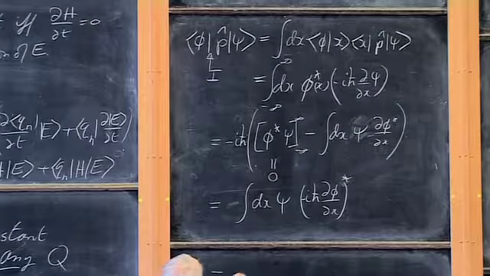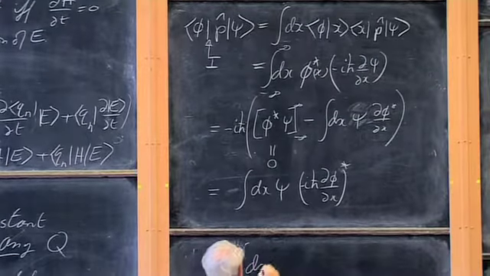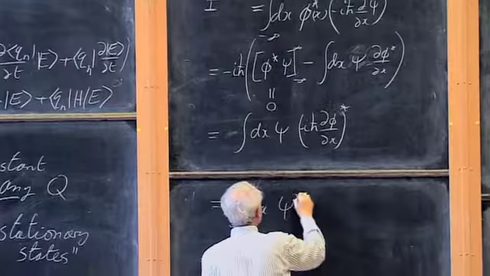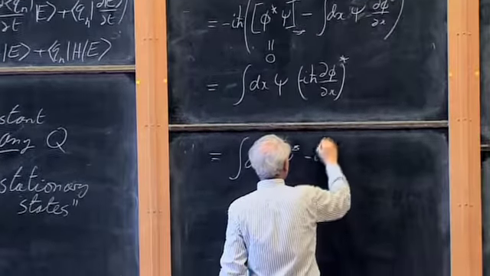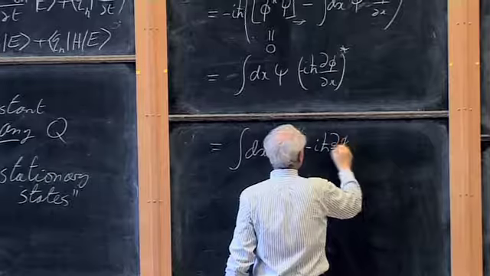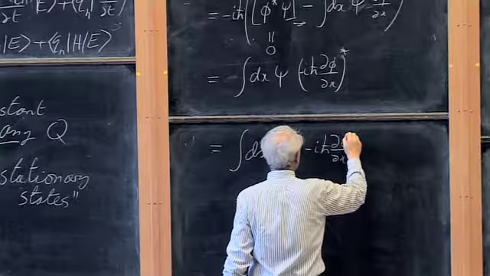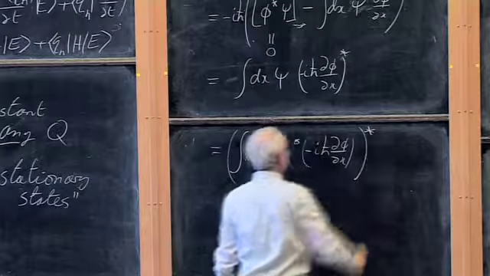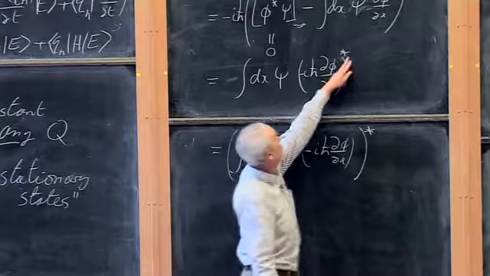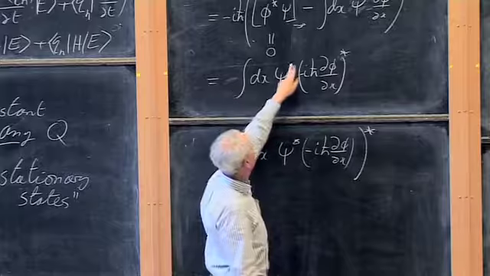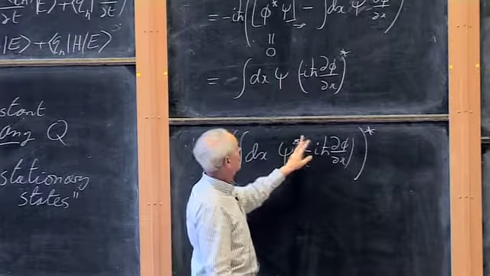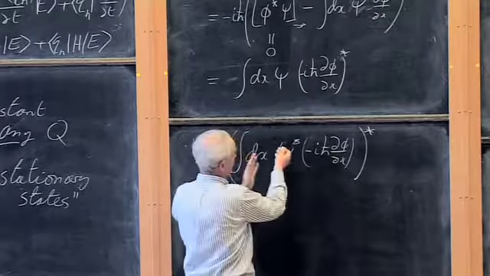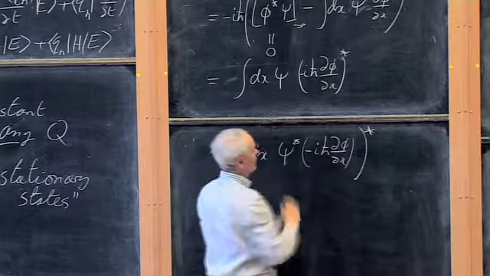And I can say now that that is the integral dx of psi star times minus i h bar d phi by dx, star. So if I take this star completely outside the whole thing, then psi will need a star, which will be cancelled by the global star, and otherwise everything will be okay.